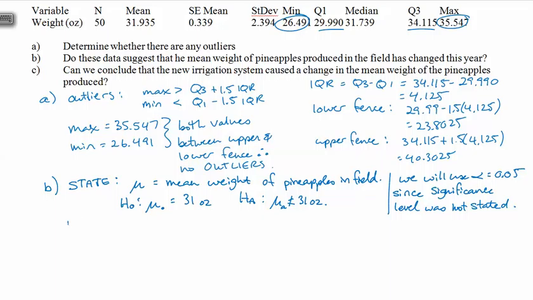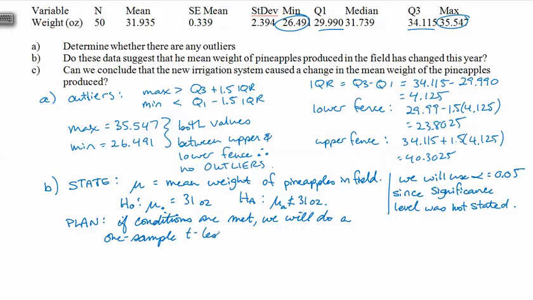All right, plan. If conditions are met, we will do a one sample t-test for mu, with, think about how many degrees of freedom.